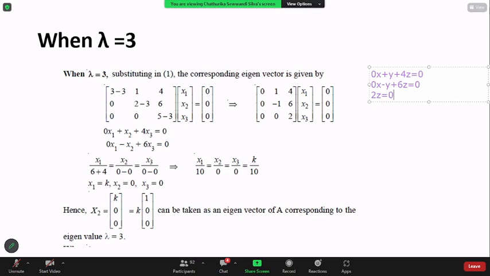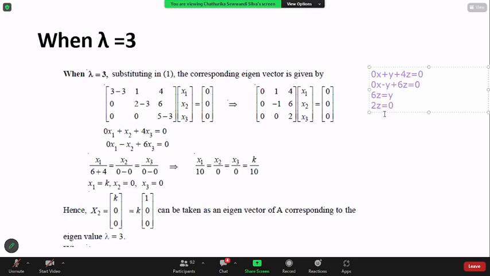Now we need to solve these three equations. Definitely you can see, if we further simplify the second equation, minus y plus 6z equals 0.